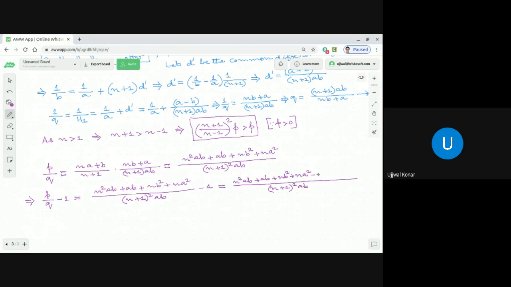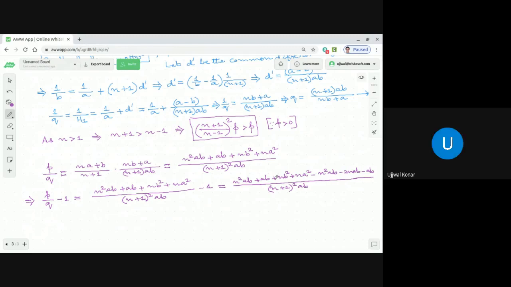So n square ab, correct? Yes. Minus 2n ab, correct? Yes. Minus ab actually, sorry, minus into plus ab, correct?